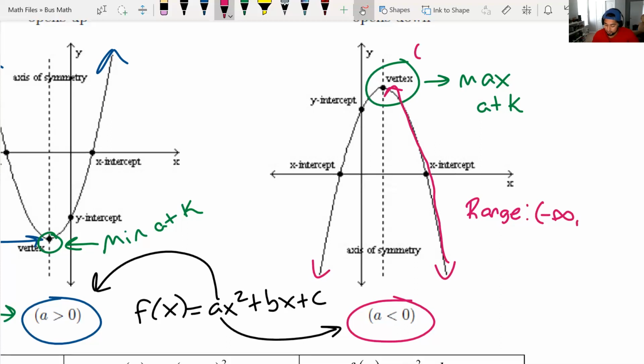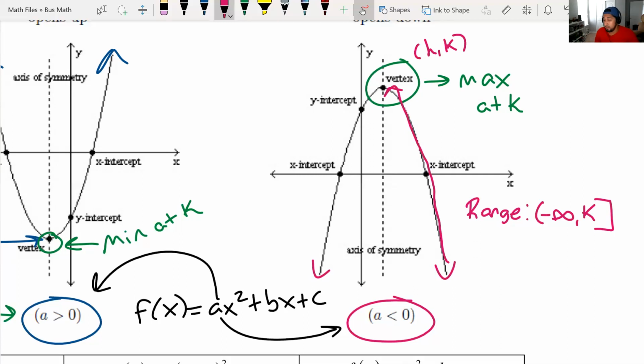Then you come up the graph until you reach the k value of your vertex. Remember that your vertex is always given as (h, k). K is the y value of the vertex, and for range, we only state y values. So your range will go from negative infinity and stop at k.